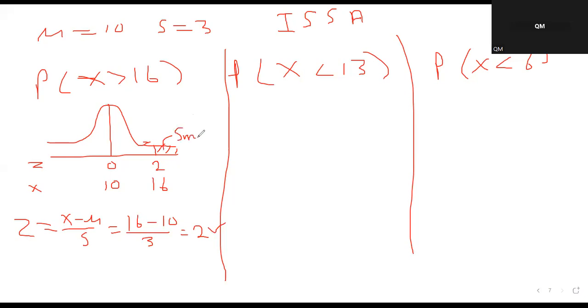This shading is what? Small. What is the application when the shading is small? We usually subtract from 1. So you can say probability of X is greater than 2. Or others will say probability of X is greater than 16. It's the same thing because 16 is as good as 2. So we're going to subtract 1 minus, what is the reading for 2? You go into the table here.